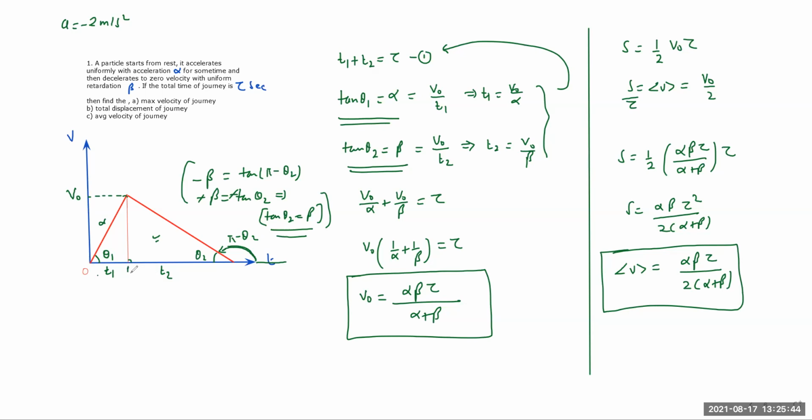For the next interval t2, these are the intervals, not the time. From 0 to t1, alpha is the acceleration, so the slope of this line is the answer. And from the next interval t2, we have beta, which is the retardation given in the question.